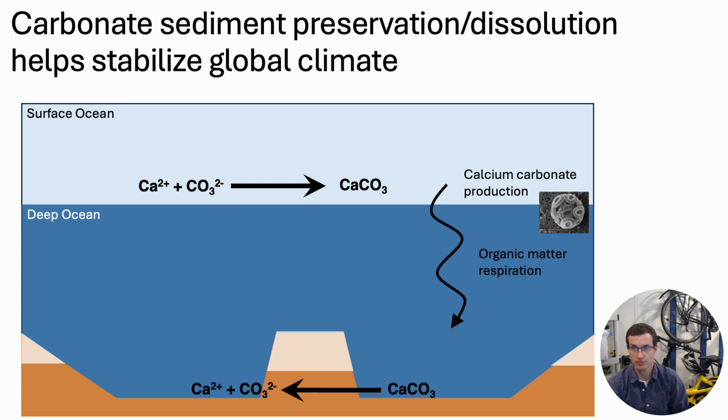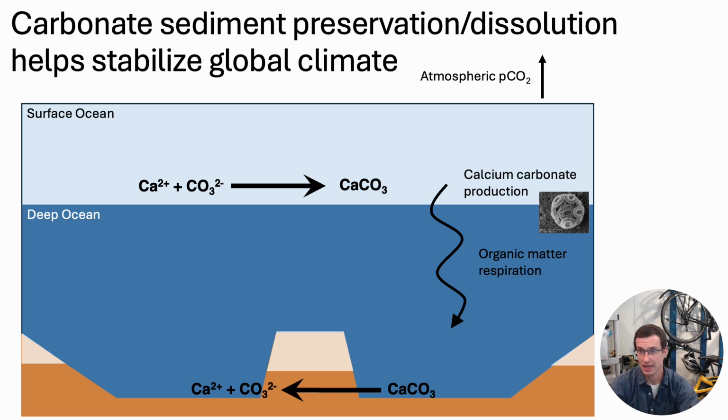And so we have our carbonate compensation depth here illustrated in this beautiful graphic as the difference between the whitish regions and the brownish regions in our little schematic of the ocean floor.